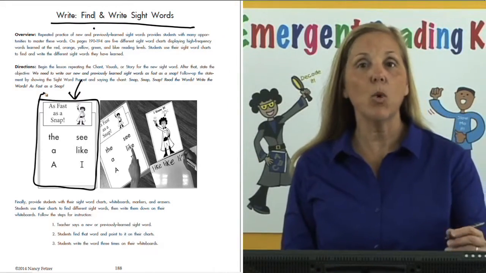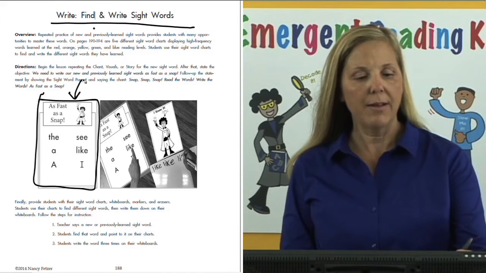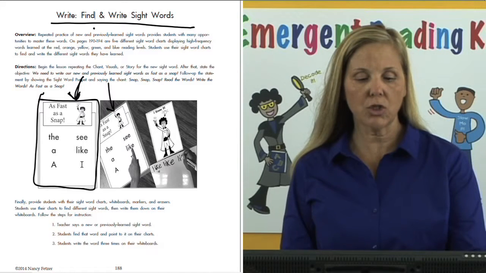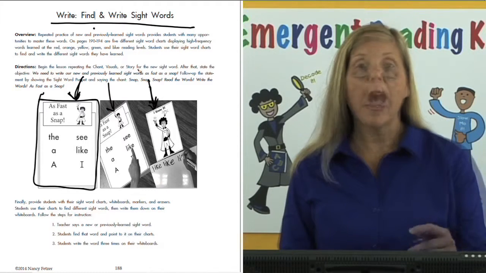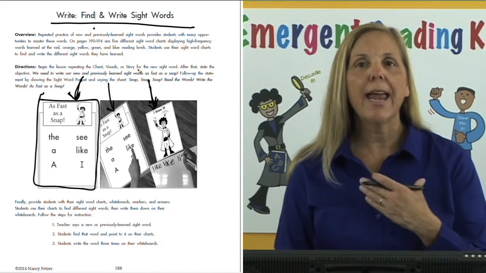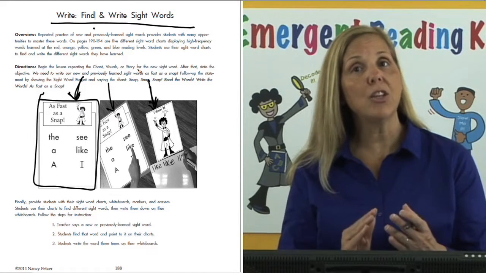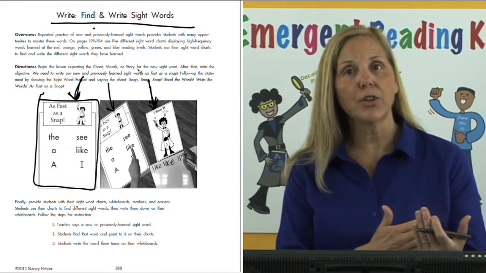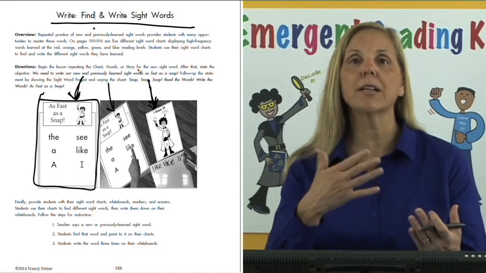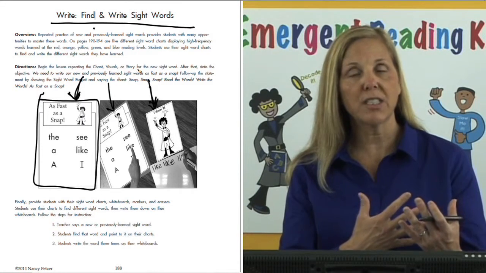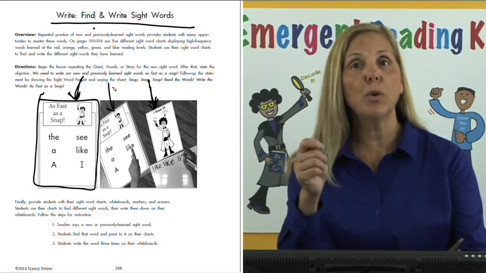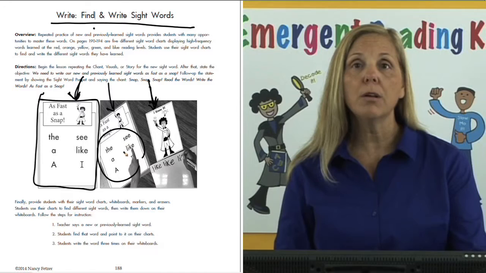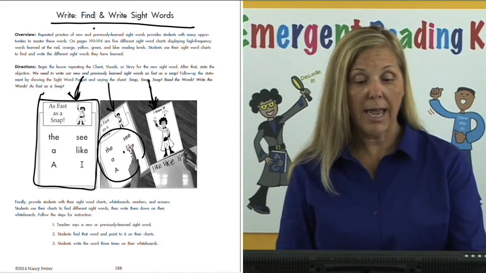In this activity, what you need to do is have your students place their as fast as snap chart next to their whiteboard. I will tell the students a sight word. It may be the new sight word they're learning this week, or it could be a previously learned sight word. So this lesson is practicing new and previously learned words. First, they're going to read the word, meaning they'll look at their list, find the word, point to it, say it, like.